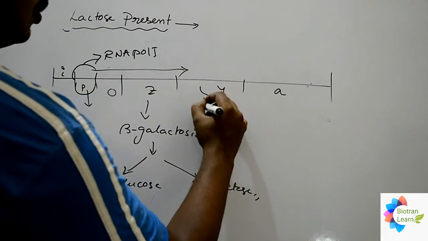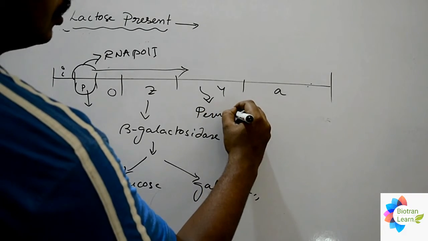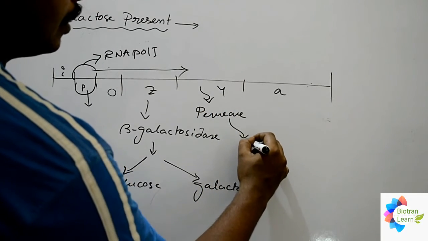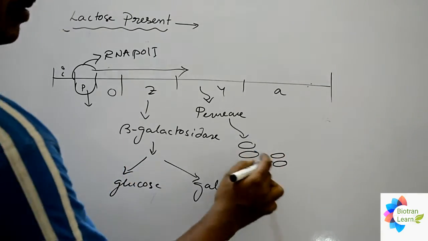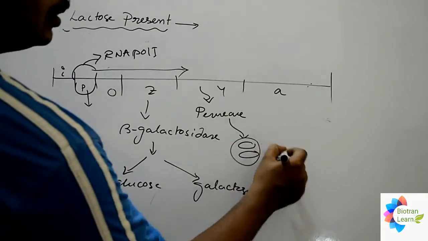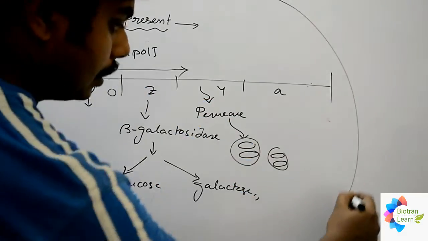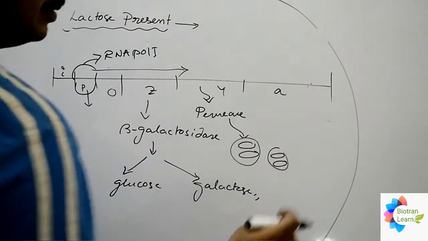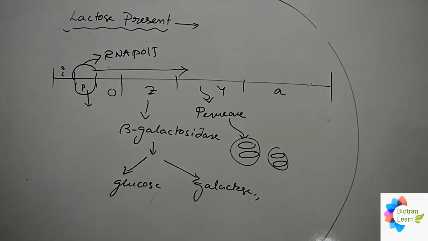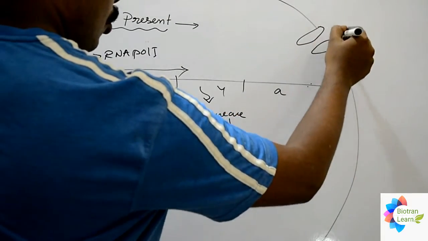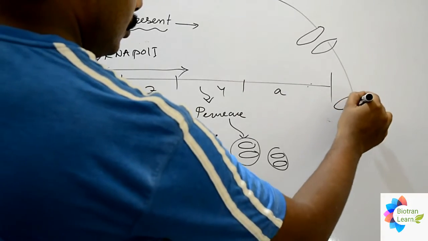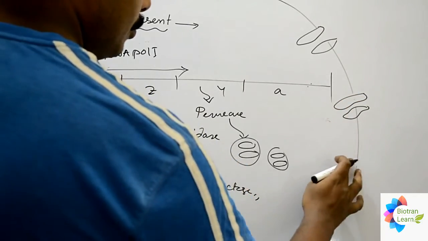And afterwards the permease enzyme will be produced. These enzymes are permease, right? What would happen if this is a cell membrane? That cell membrane will get lots and lots of permease, right?